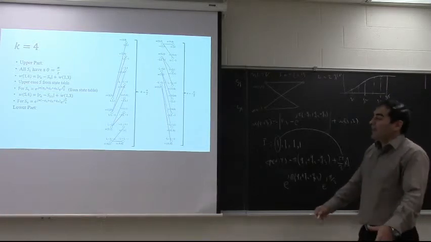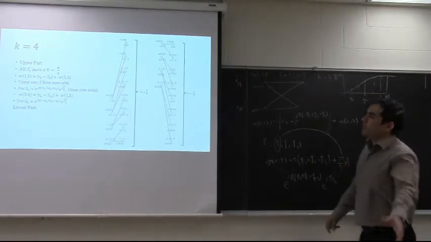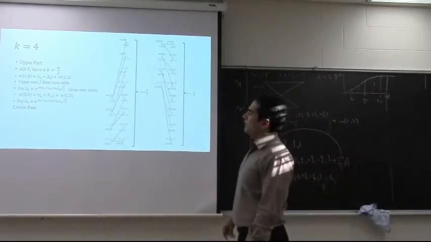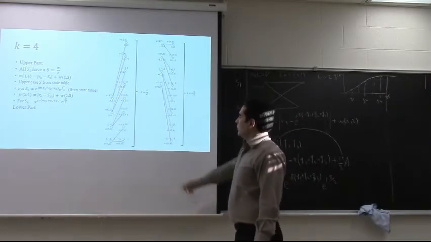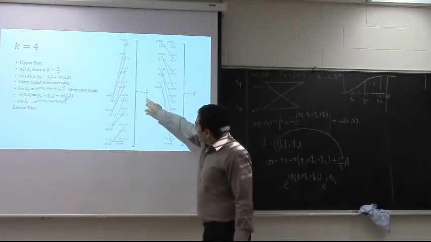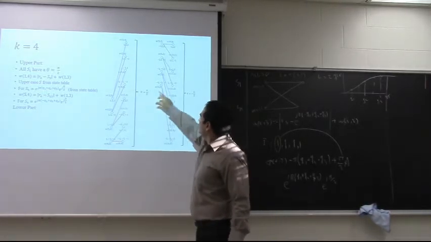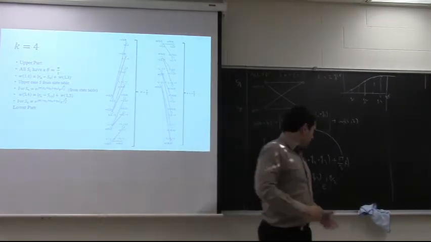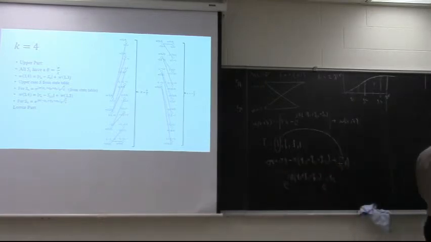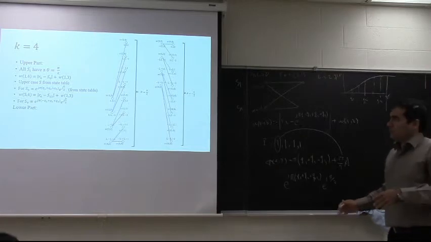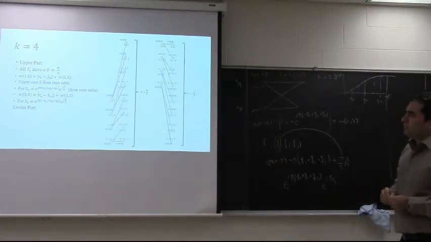Now, because we have the second part, we can use the state tables. Go and look at the state table for pi over 2 and minus pi over 2, exactly the same thing. But still, for k equal to 4, we do not have that.